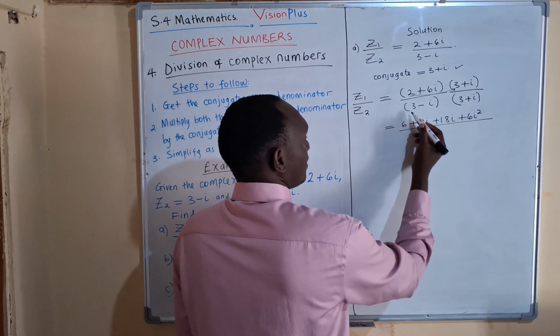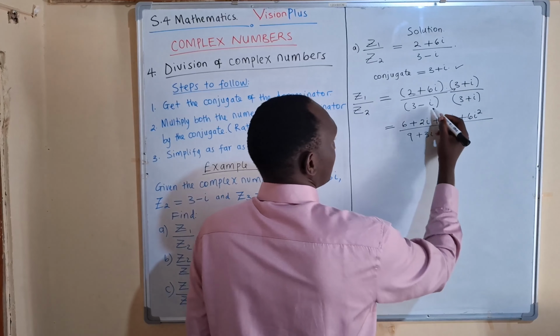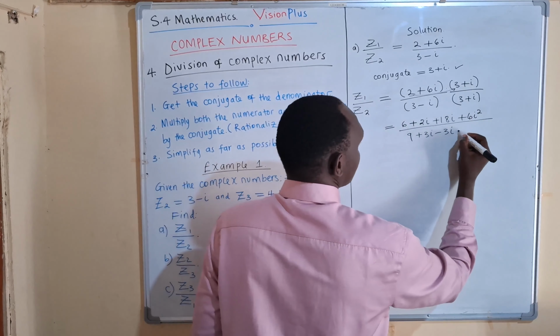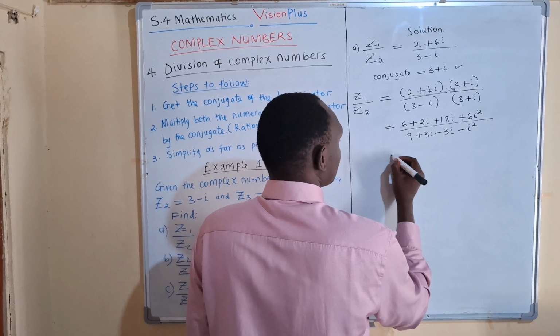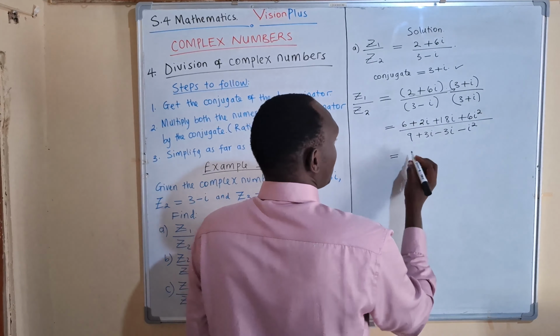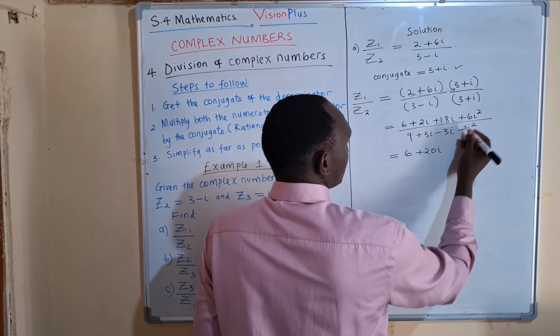Over, 3 times 3 is 9. 3 times i is positive 3i. Negative i times 3, negative 3i. Negative i times i is negative i squared. This equals 6, 2i plus 18i is 20i, plus 6i squared.